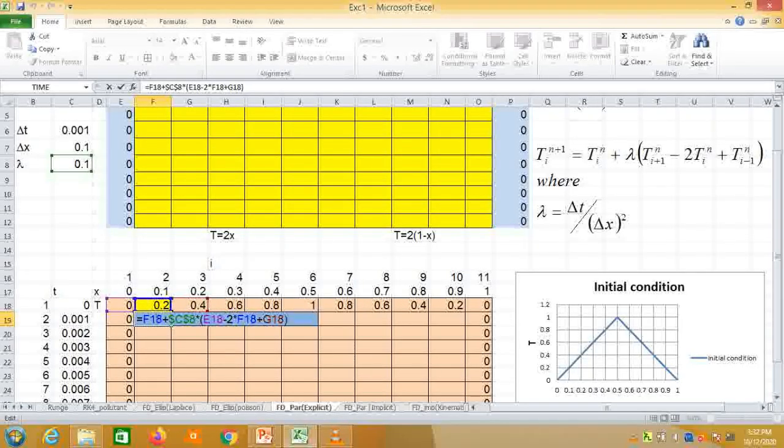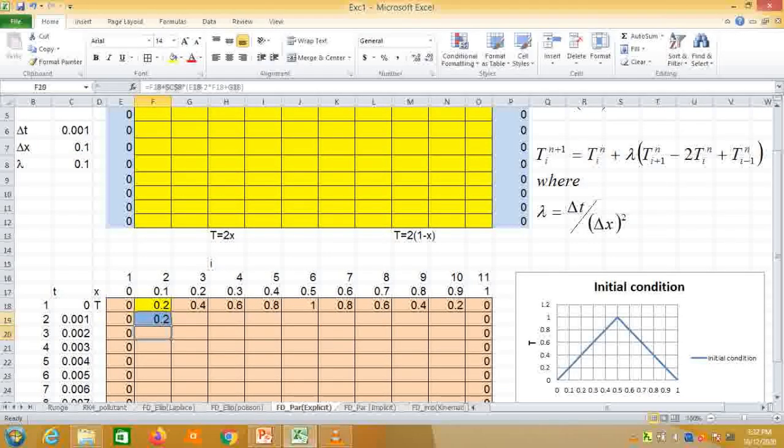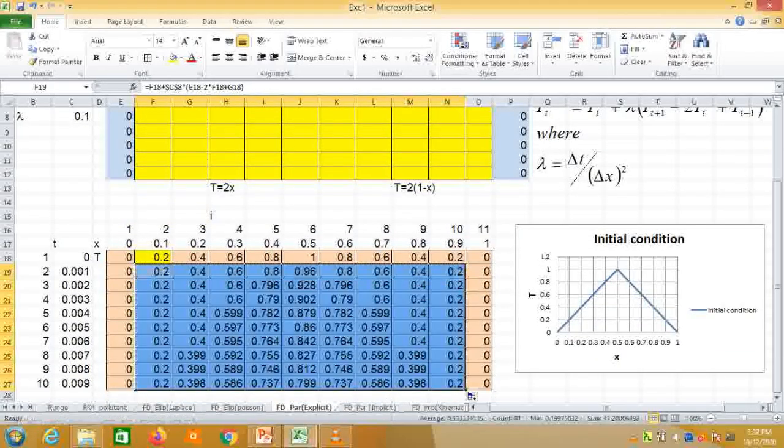Lambda is constant, we just finished that. So using this set of equations, now you can just populate. So we have just found all the values now, obviously.